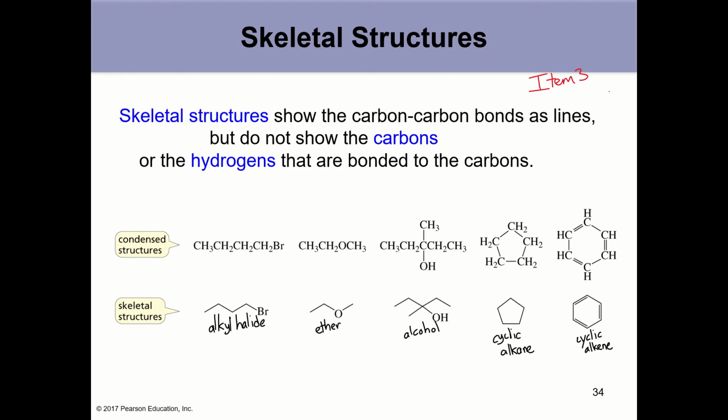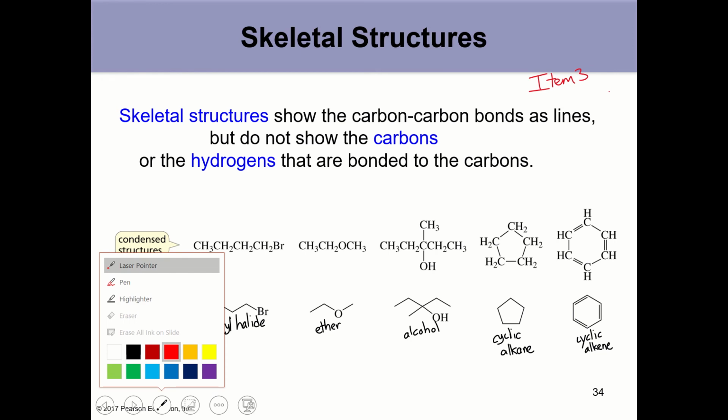Skeletal structures show the carbon-carbon bonds as lines without writing out the atom symbol, and they do not show the carbon-hydrogen bond lines. They only show bonds from carbon to heteroatoms.